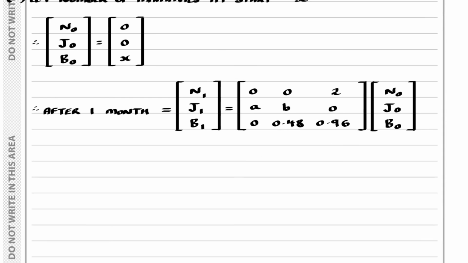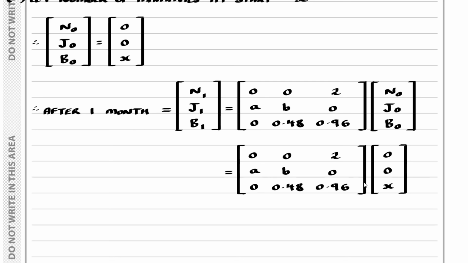So if I work out what this is, I've got this matrix and I already know what n0, j0 and b0 are. That's given by 0, 0, x. So let's multiply this through. I've got 0 times 0 plus 0 times 0 plus 2 times x, so I've got 2x there.